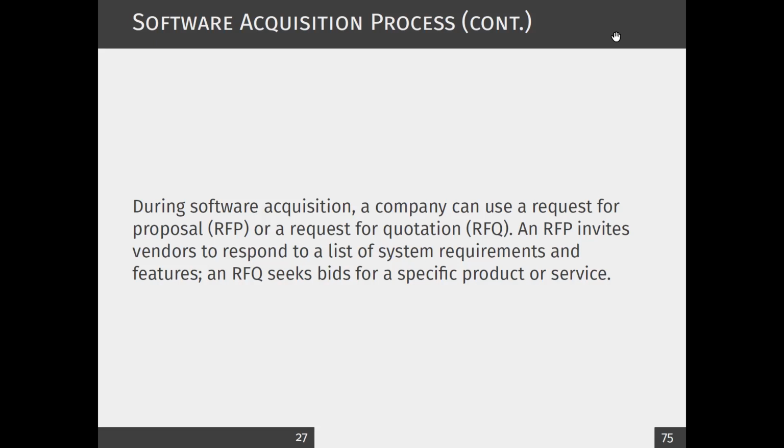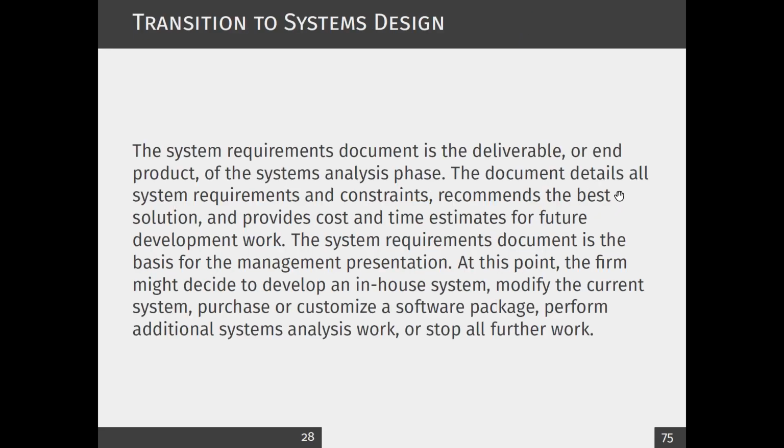Requests for proposal are going to respond to a list of system requirements. And when you have a request for quotation, we look for some bids. That means you specify your requirement and they have to come up with the bidding prices that they quote for a particular task. Right.